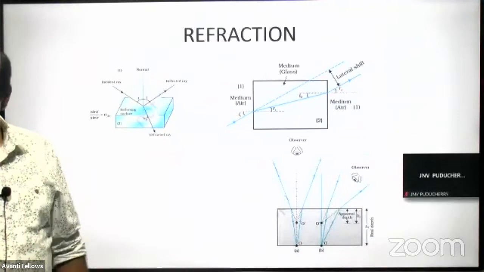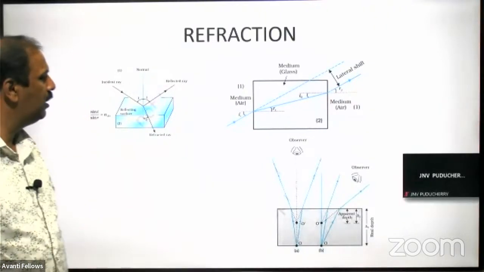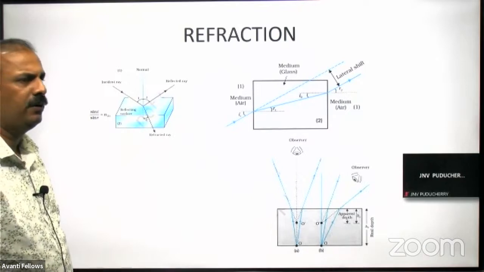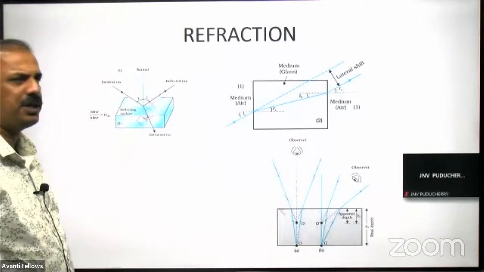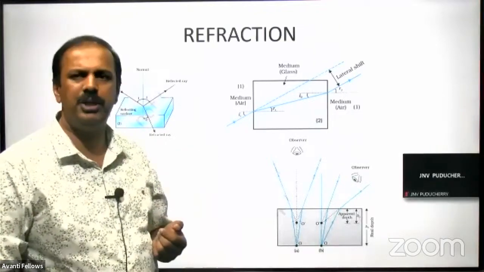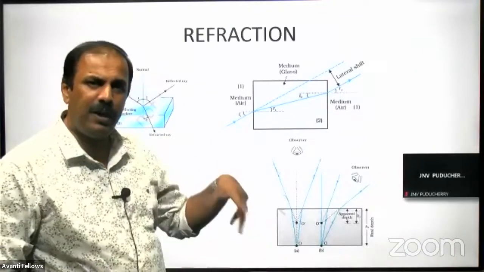Now we'll go to the refraction part. In the case of refraction also, we have the law of refraction. So what is the law of refraction? Just like the law of reflection, we have two parts for the law of refraction. The first part is the same as the second part of the law of reflection.